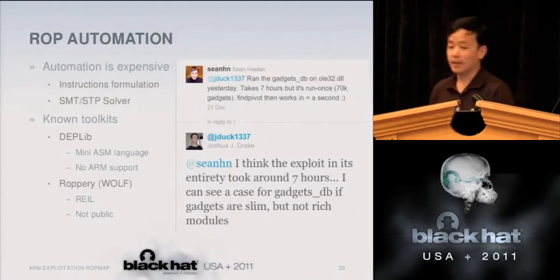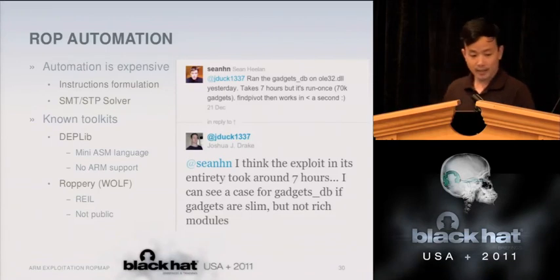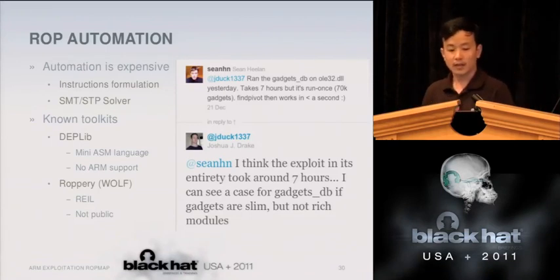Something to note about ROP automation. You may know some of the available ROP automation toolkits, like depLib for the x86 architecture from Immunity, and the tool called ROPC, a ROP compiler from Dynamic, but it's not public.